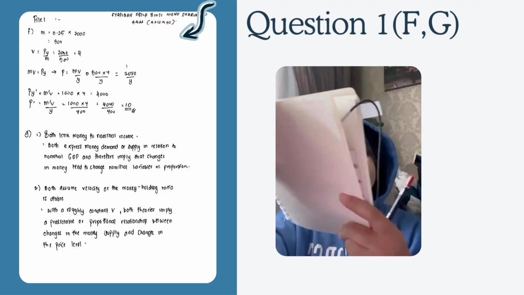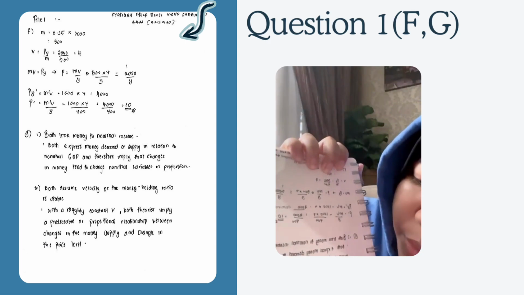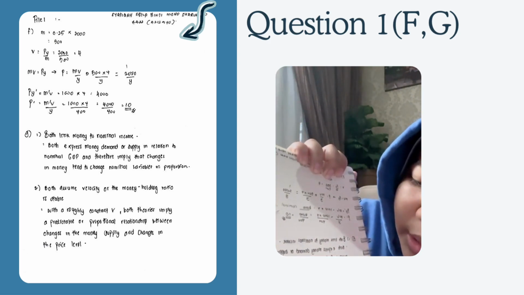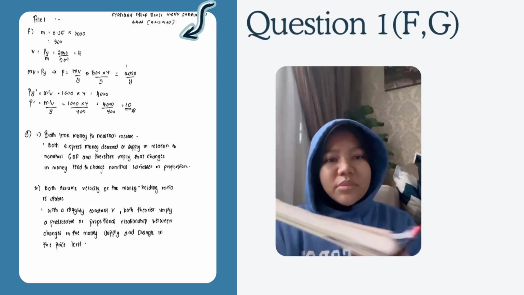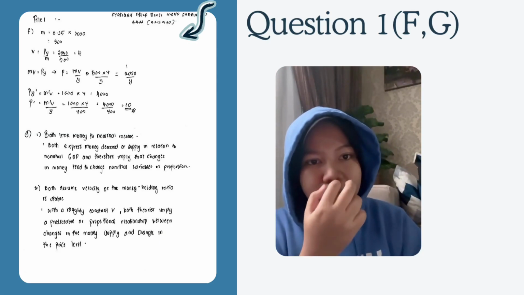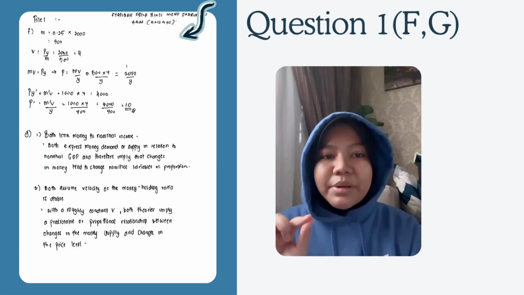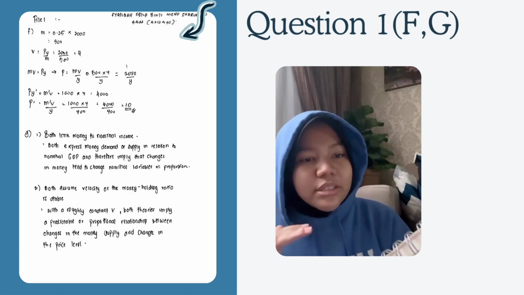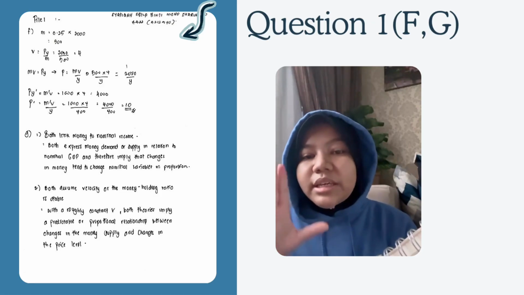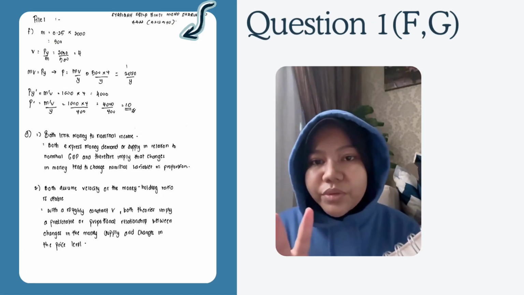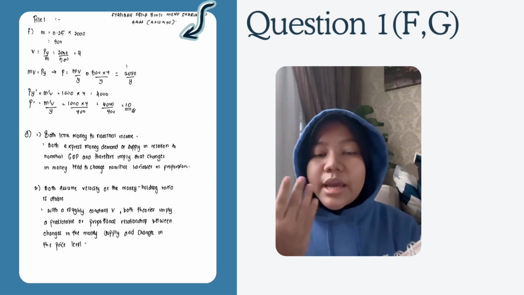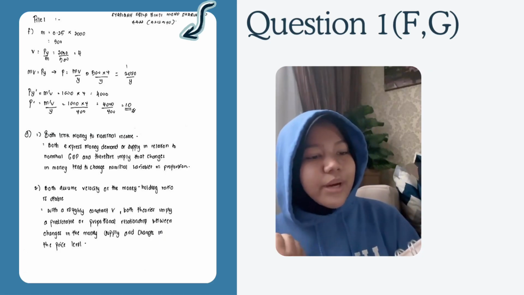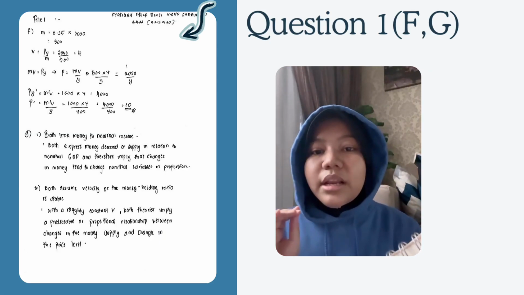And second, both assume velocity or the money holding ratio is stable, which is V or K remains stable. This means any change in the money supply will cause prices to change in the same proportion. So both theories support the idea that money only affects prices, not output, in the long run.